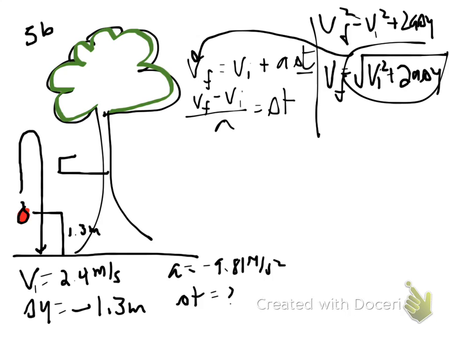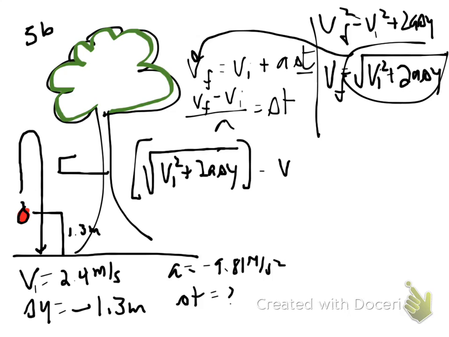So we end up with square root of VI squared plus 2A delta Y, minus VI, over acceleration, equals delta T. Okay. Does that seem reasonable?